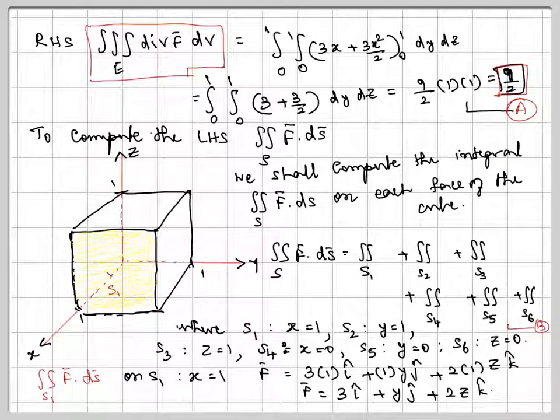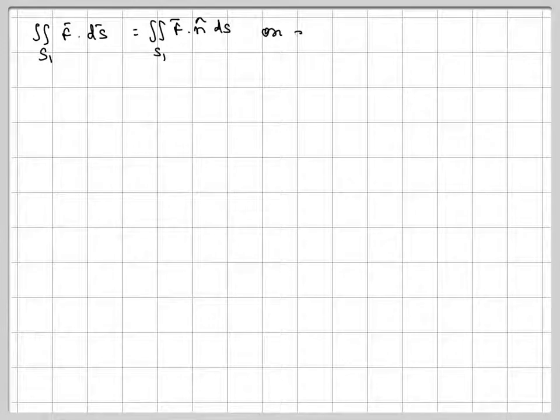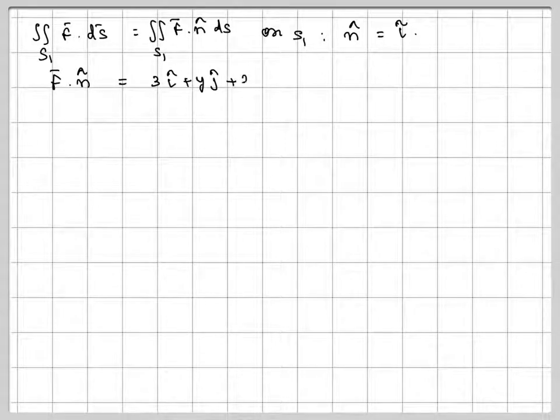So double integral over S1 of F dot dS is double integral over S1 of F dot n dS. On S1, n equals i. So if we dot multiply F and n, we'll get 3i plus yj plus 2zk dot i, which will be just 3.